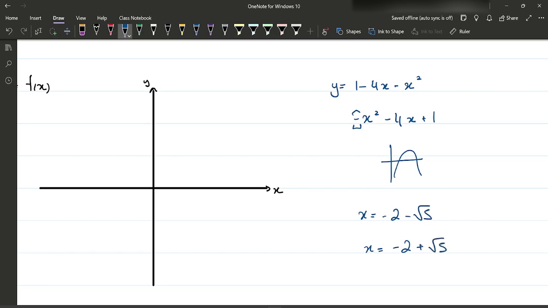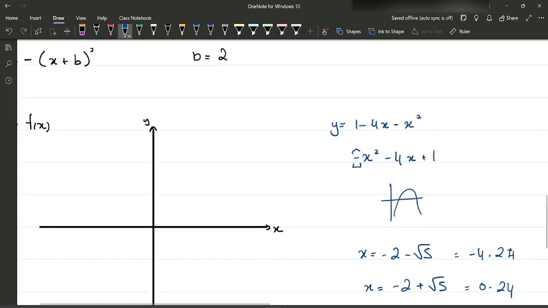Okay, now I'm going to get some approximations just so I know what I'm doing. Minus 4.24, 0.24. Okay, so I have my roots approximated, just so I have an idea, and we're going to use these, and hopefully we're going to get something close to accurate.